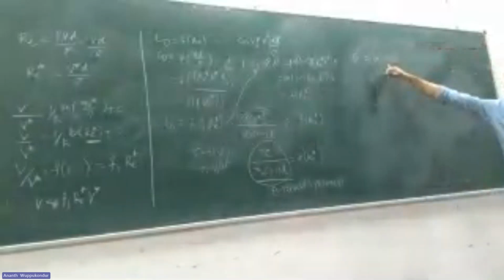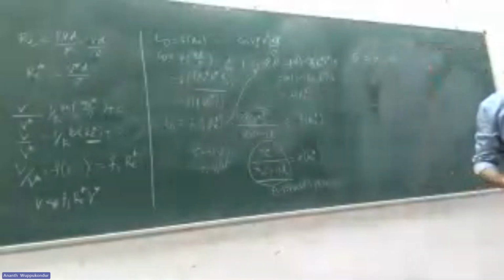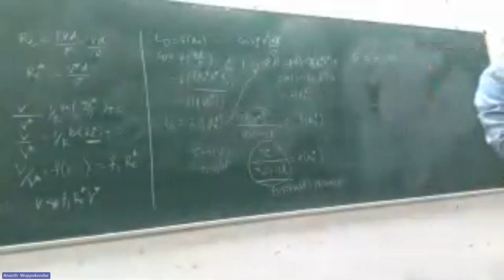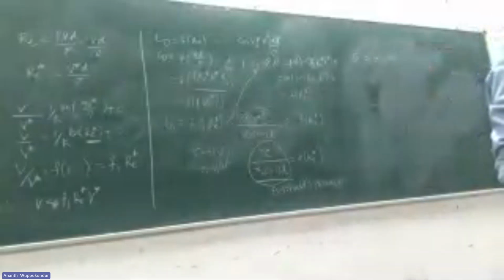And generally, we want to maintain this theta to be less than or equal to 0.056. So when you calculate theta for a given condition, if it is exceeding 0.056, that means the channel is prone to erosion.